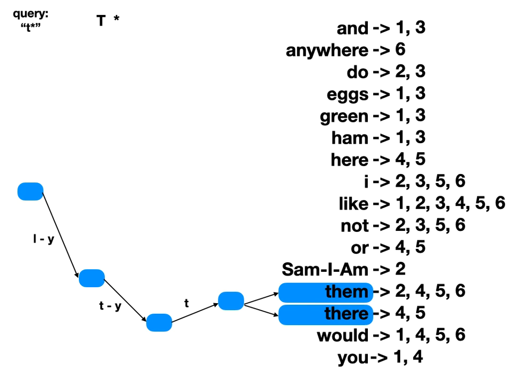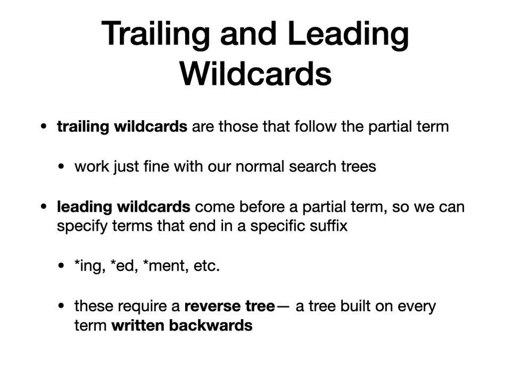So that's a trailing wildcard. That's nice. We're able to do this for free. Because of the way our dictionary works by default, we can just go ahead and process those kinds of queries straight away. This requires no extra effort, and it's pretty nice, actually.